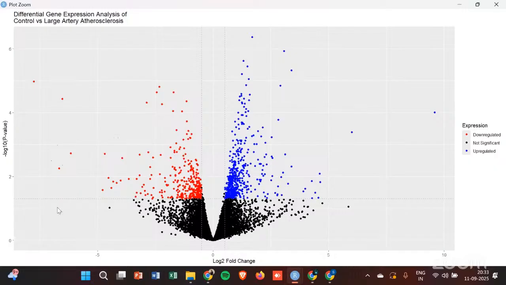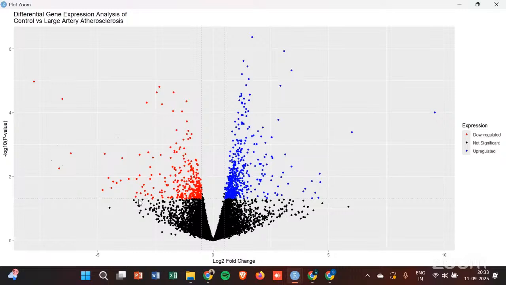Genes in black are not significant; they did not pass my p-value cutoff. My p-value cutoff was 0.05, which roughly corresponds to about 1.3 on the minus log 10 p-value scale.